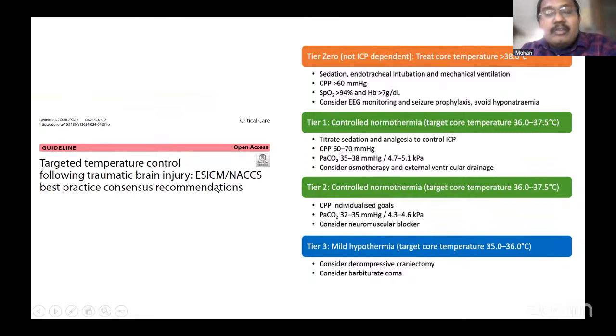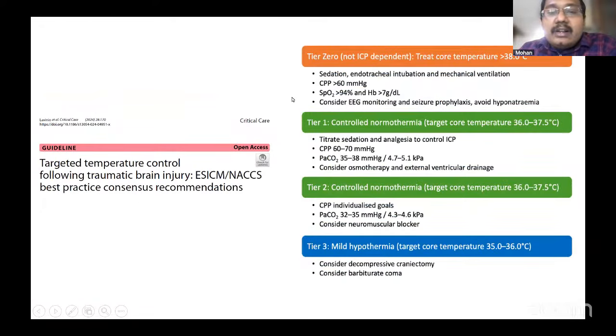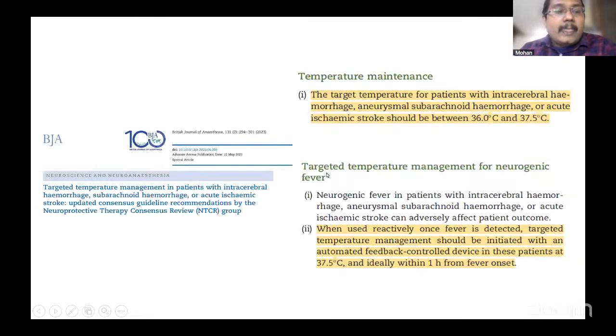So this is a bit different from the CBIC, where tier 1 and tier 2 do not mention anything about the temperature. Whereas here, there is some addition of normothermia in tier 1 and tier 2. The neuroprotective therapy consensus review group has reviewed guidelines for intracerebral hemorrhage, subarachnoid hemorrhage, or acute ischemic stroke.